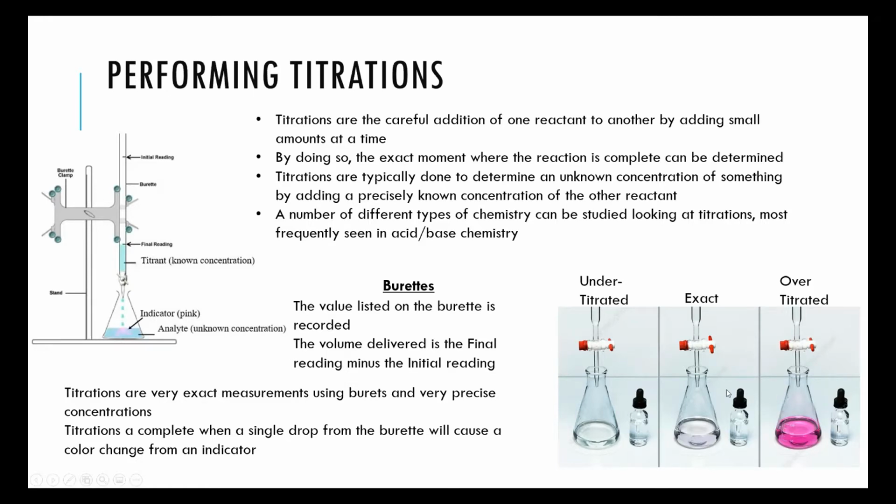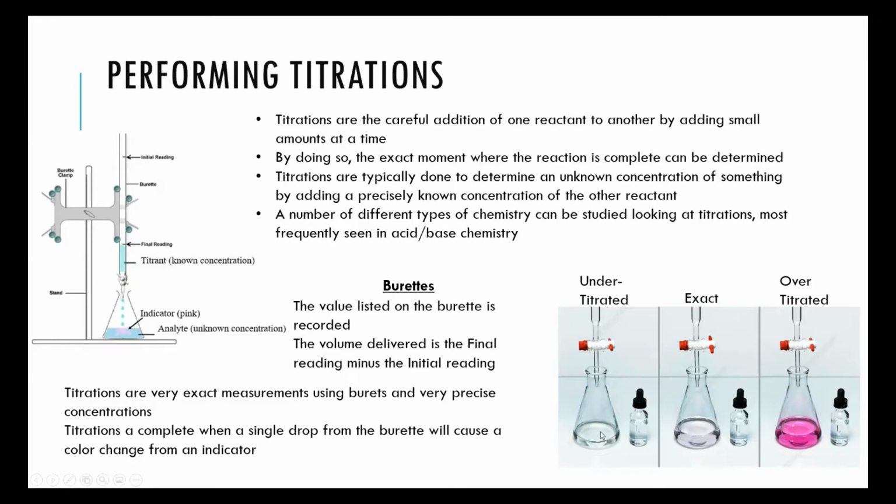This particular indicator in this example is phenolphthalein, where under acidic conditions it is completely colorless, and under basic conditions is a bright magenta. So what you're aiming for is that slight pink color where one exact drop of material caused a color change and the start of that color change.